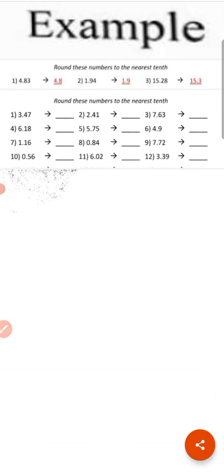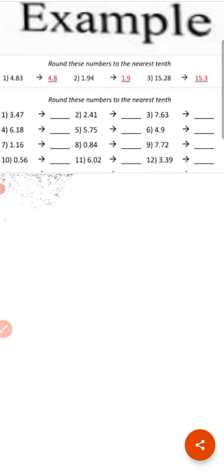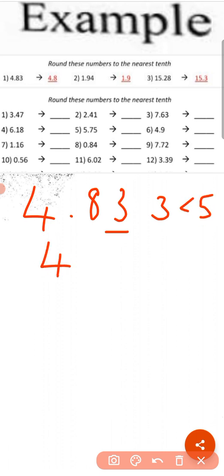Now let us do more examples, children. Our next number is 4.83. The digit at the 100th place is 3, which is less than 5. So our answer is 4.8. Remove that digit.